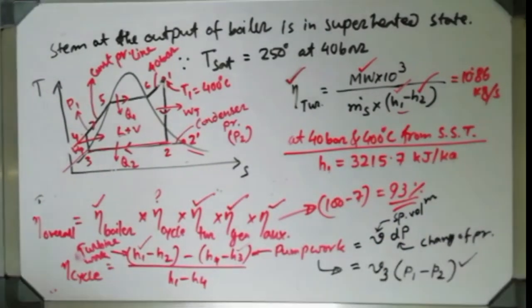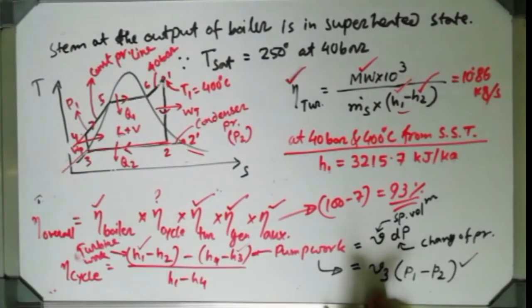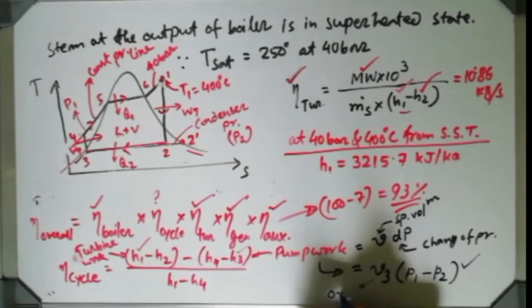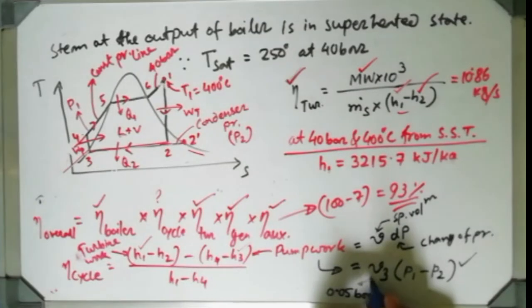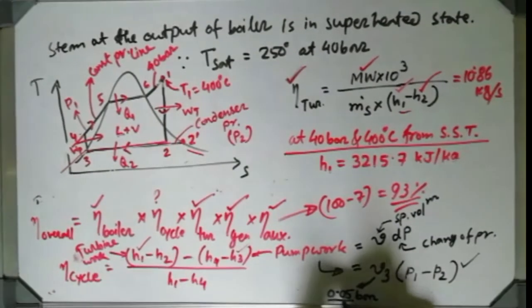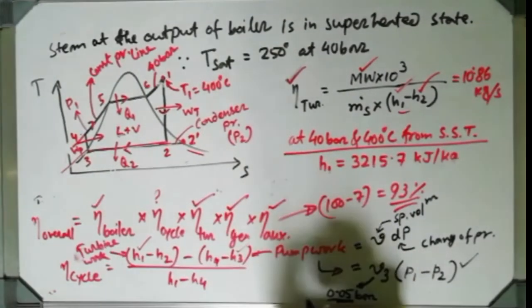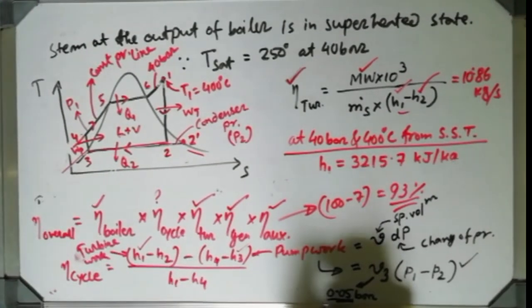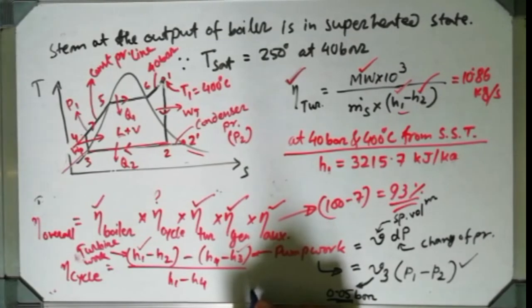Now V3, the specific volume at point 3, that means which pressure? 0.05 bar, that is the condenser pressure. So with respect to this pressure, go to the steam table and find the specific volume.